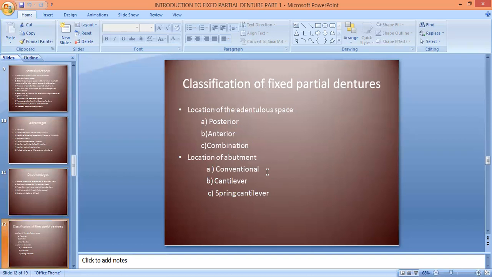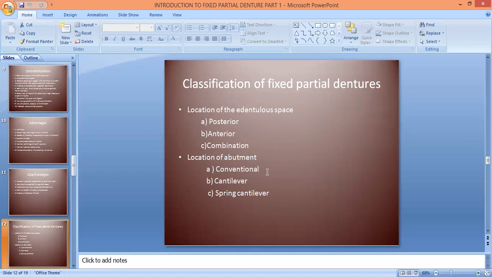Now coming to the classification. First one is location of edentulous space. According to that, we have posterior, anterior, and combination. The posterior is the FPDs confined to the posterior region alone.